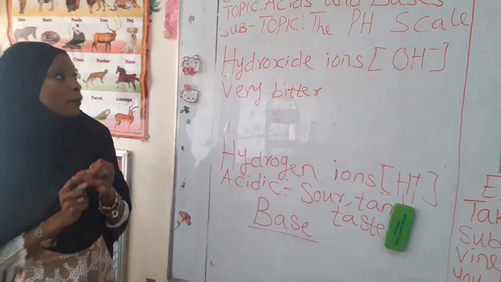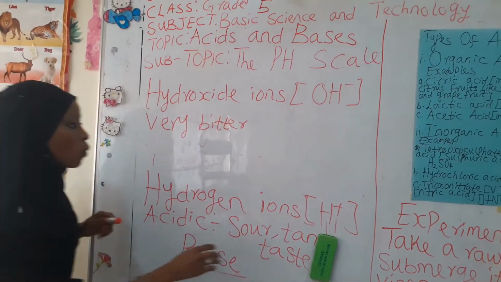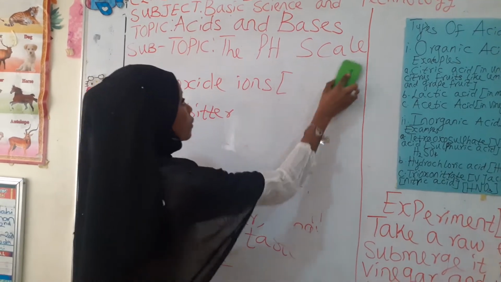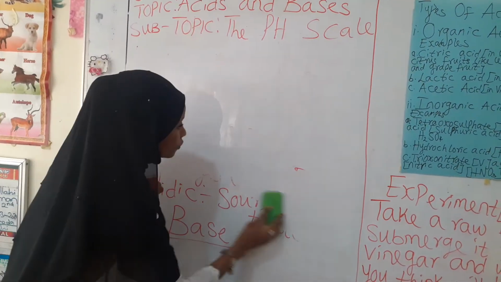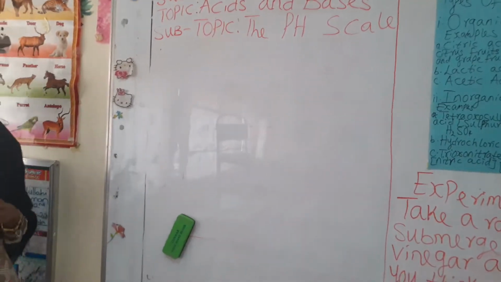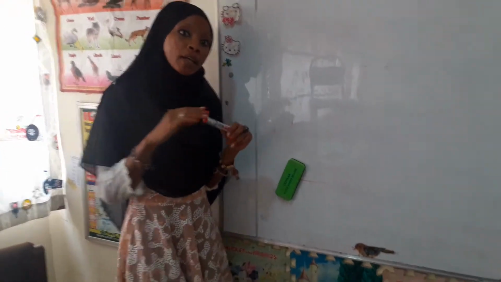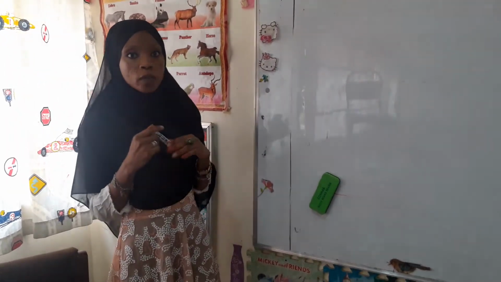If you can remember, I said our subtopic is the pH scale. So now, what is the pH scale? The pH scale is a concept you might have heard of without much reference for what it is and how it works.